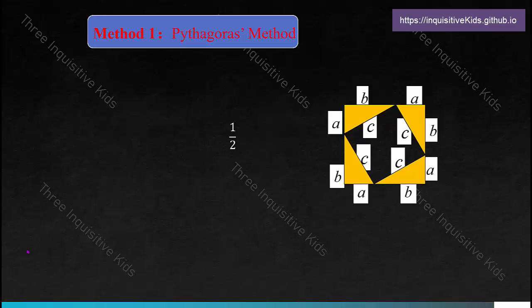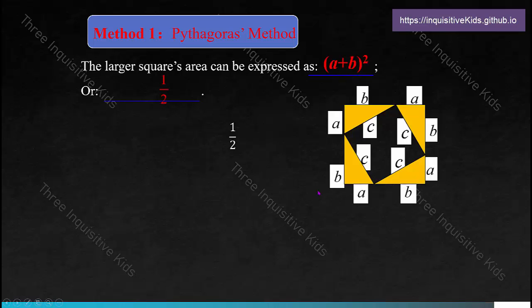So, one would be Pythagoras' proving method. So, Pythagoras took the triangles and he set them up in this shape, and these triangles are all congruent. So first what he did was he tried to express this large blank square's area, which would be the sum of a plus b squared, or c squared plus 4 times 1/2 of ab.